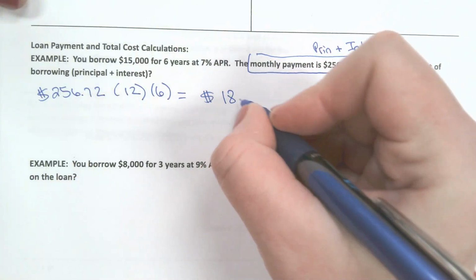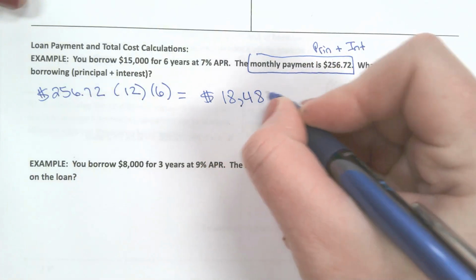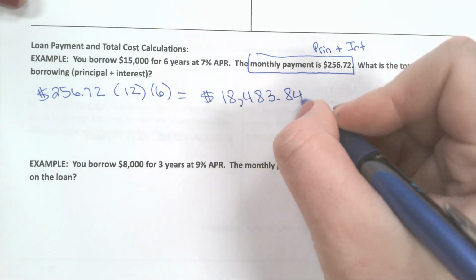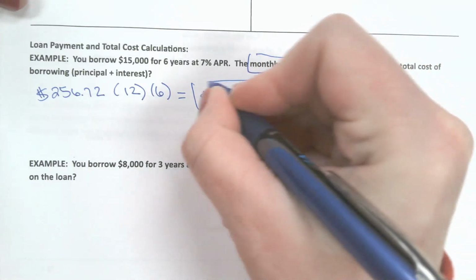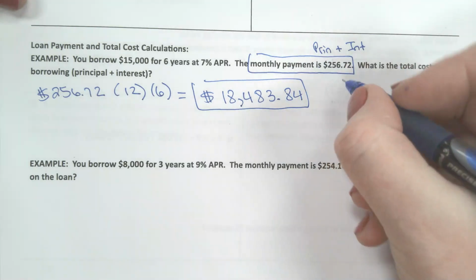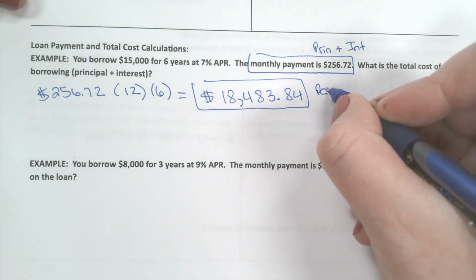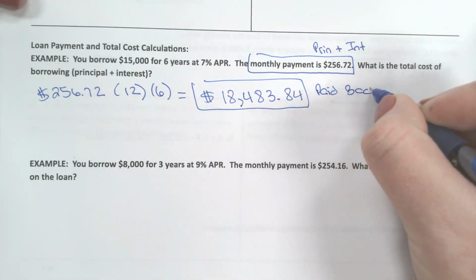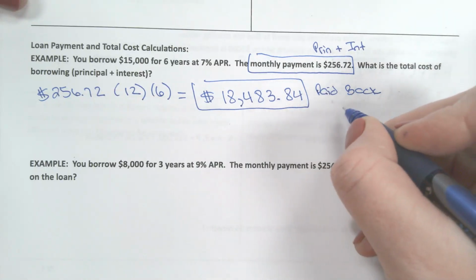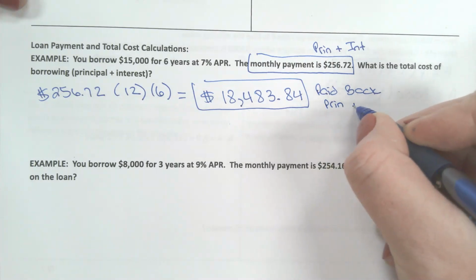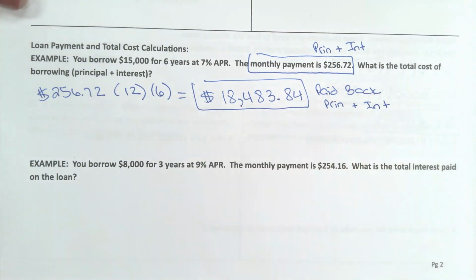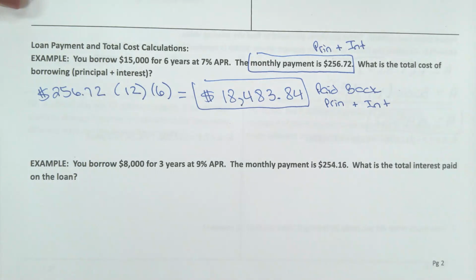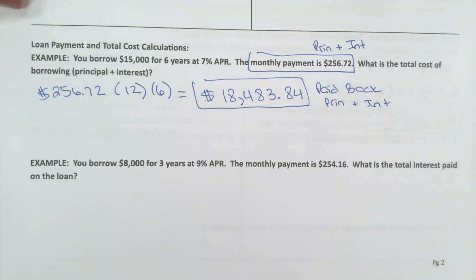I paid back $18,483.84 to the bank. That's how much I paid back. And when I paid that, once again, that consists of both principal and interest. What's the total cost of borrowing? It looks like that is my answer.